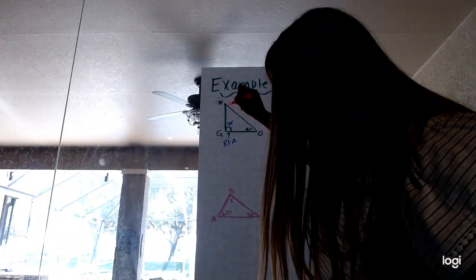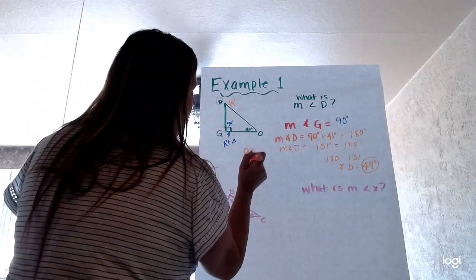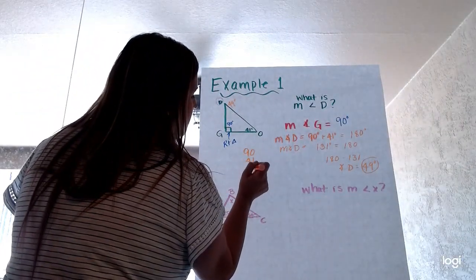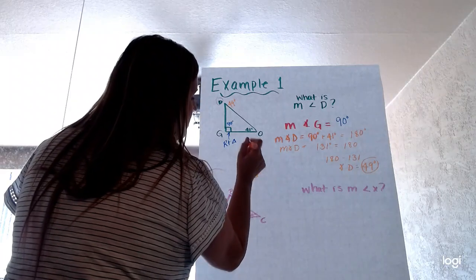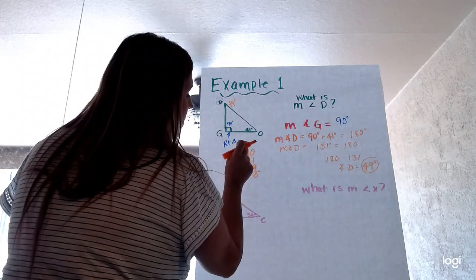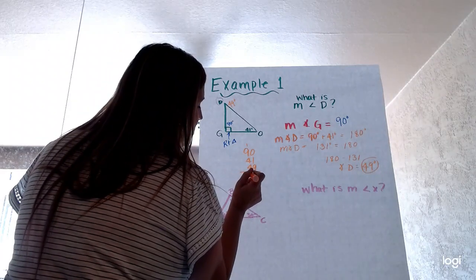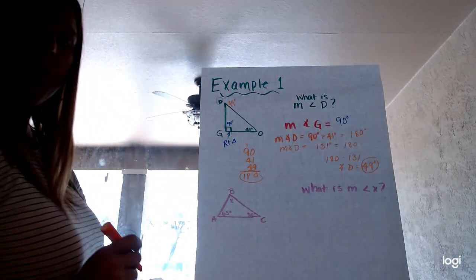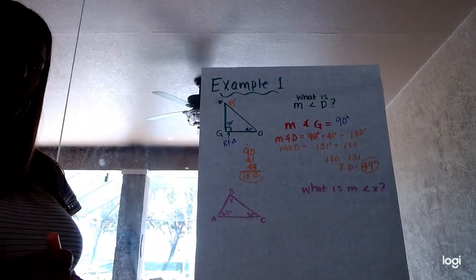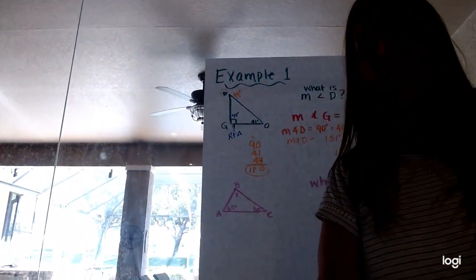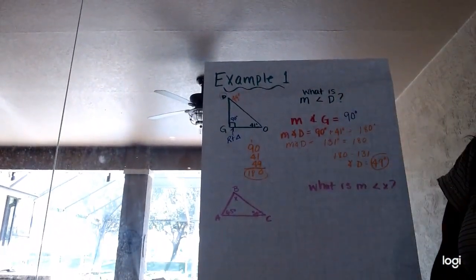So this right here is 49. And how would I check that? 90, 41, 49: 0, 4 plus 4 is 8, plus 1 is 9, plus 9 is 180 degrees. So that definitely works out to find out what my answer is going to be for my angle. So that's how we find it when we're given one angle and then we know one is 90 degrees.